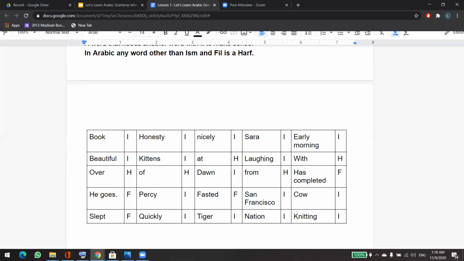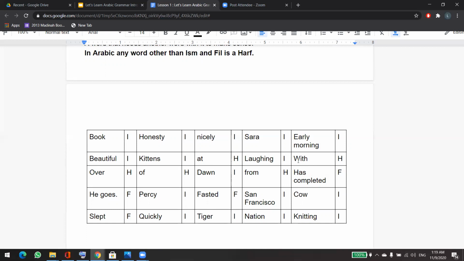Laughing. Apparently, it looks like a verb, right? But do you see a time mentioned here? Is it laughing, or was laughing, or will be laughing? No, you don't see. So this is not fail. If you don't see a mention of time, then it's not fail. It's an ism.